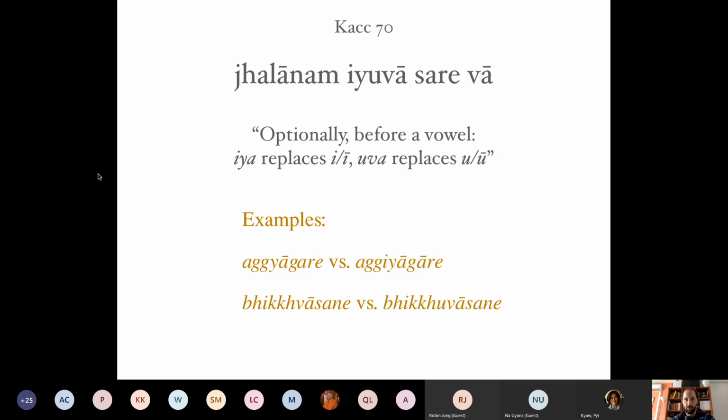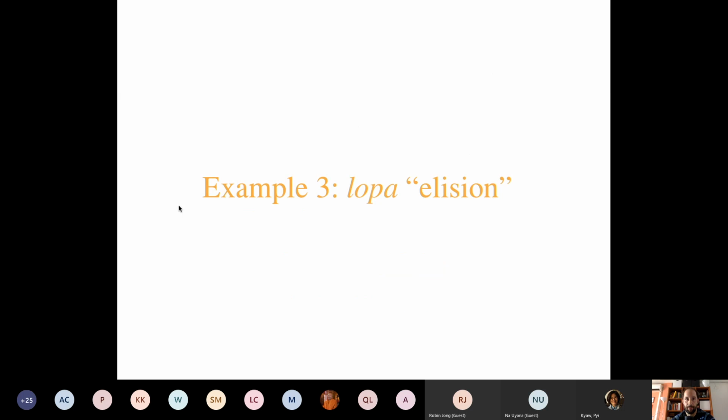We will discuss this type of options in the next sessions. I'm not going to go into the details here. There are some problems with the examples as I have presented them, but you can see that at least the possible options agyagare and bhikkhuvasane are replacements prescribed by this rule that is optional. So many times we will find vidhi rules that are optional. We are going to discuss that in future sessions too.